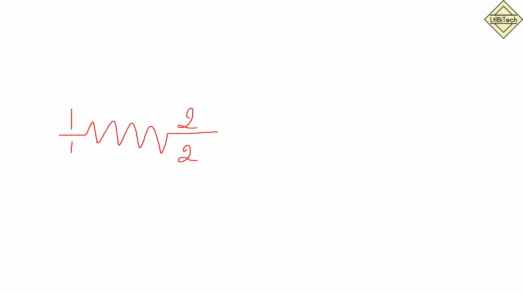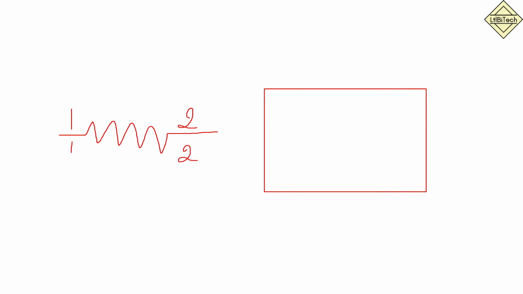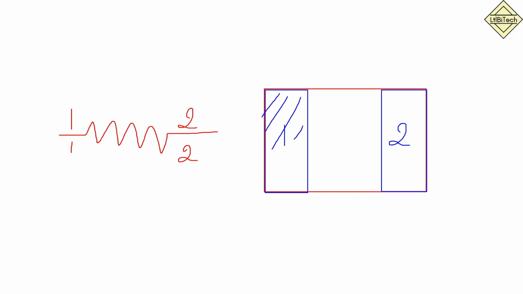We have the footprint, that is the SMT footprint, and it has solder pads of the component. The pad numbers should match with the symbol. So this is pad 1 and this is pad 2 in the footprint.